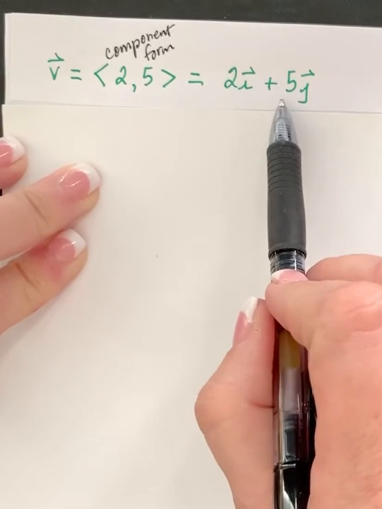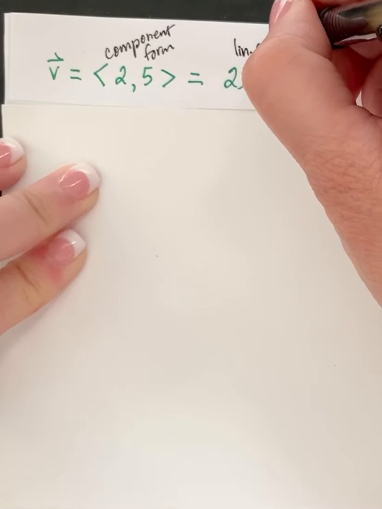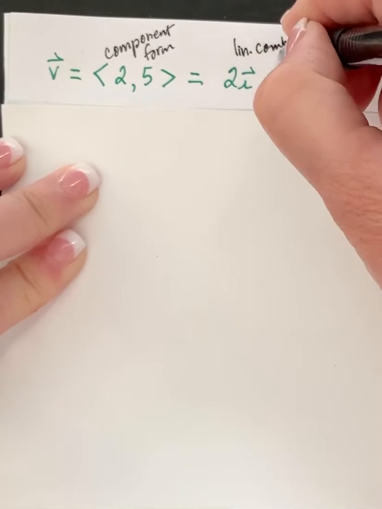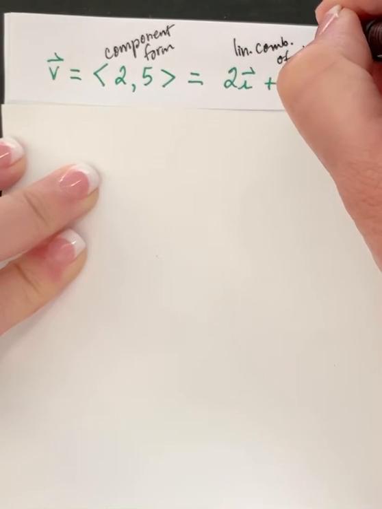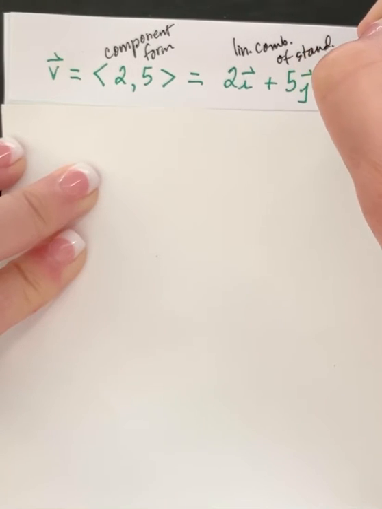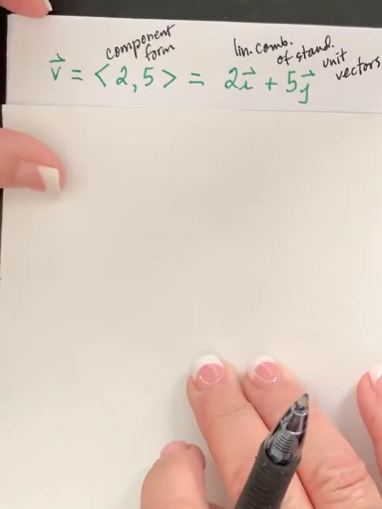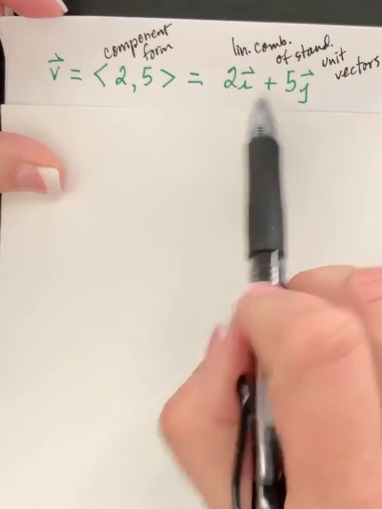Is the same thing as 2i plus 5j. This is a linear combination of the standard unit vectors. That is a very long name. That's pretty much what your book always calls it. Other textbooks will refer to this as ij form.